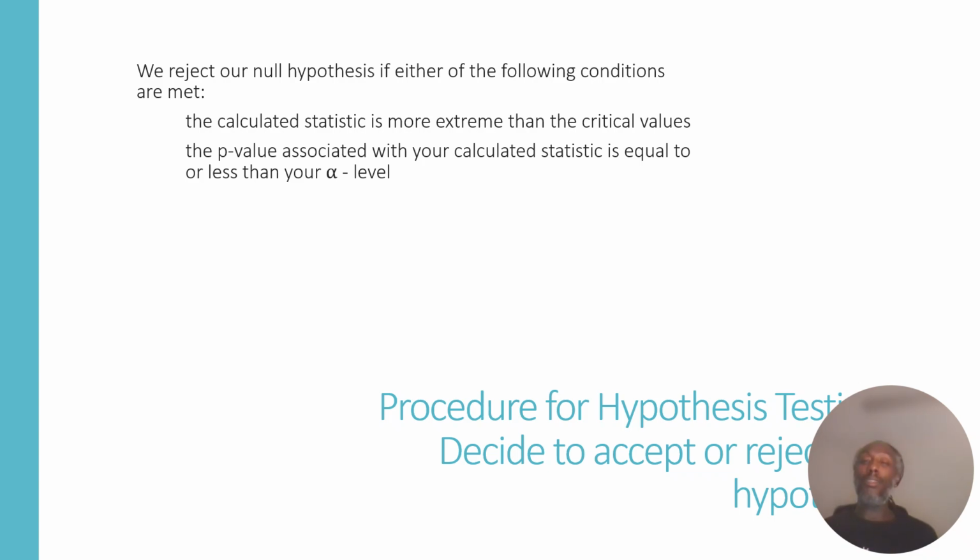Remember, the null hypothesis is saying there's probably nothing going on. Everything here could have occurred at random. And so if those calculated statistics are very extreme, then that means that they're very rare. It's unlikely they could have occurred by chance alone. We do a similar comparison with the p-value.